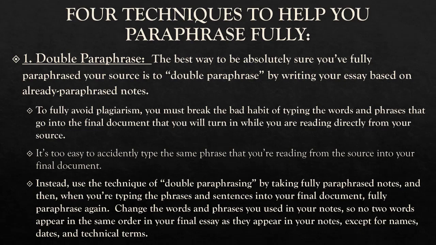So it's called double paraphrasing. And this is by far absolutely the best way to be sure that you're not plagiarizing, is to double paraphrase. And that's by writing your essay based on your already paraphrased notes. So you're paraphrasing your already paraphrased notes in your essay.